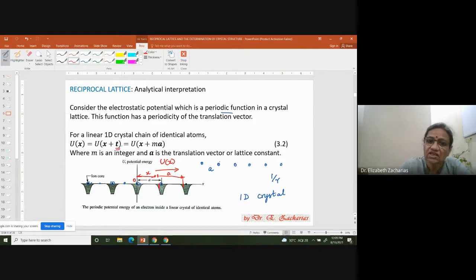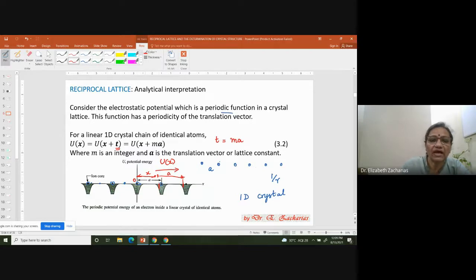What is T? T is the translation vector that we have studied. T for a three-dimensional structure is n1 a plus n2 b plus n3 c, we have seen. But this is a one-dimensional structure. So I can say that the translation vector T is simply some m times a. What is a? A is the distance between the lattice points or the positive ions.